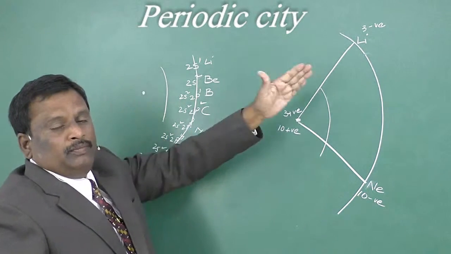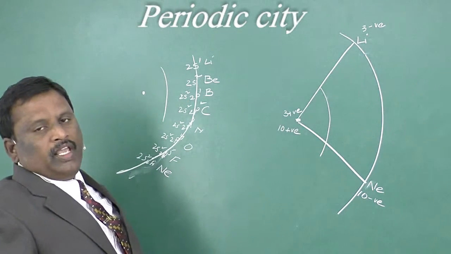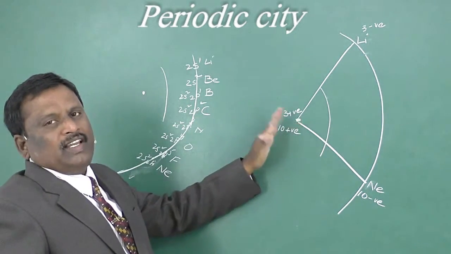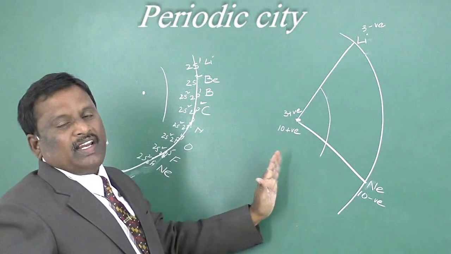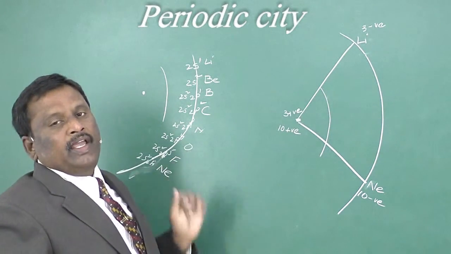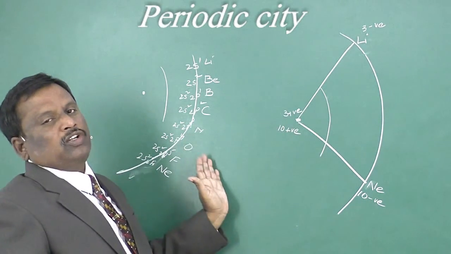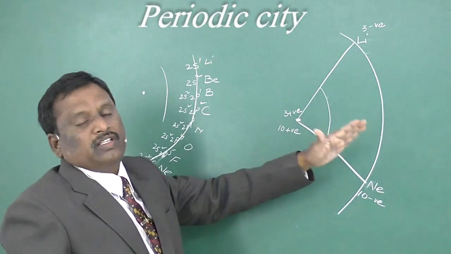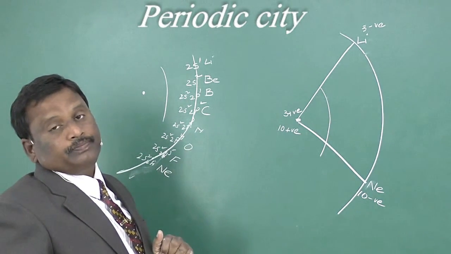So in lithium, 3 positive charges are attracting 3 negative charges. In beryllium, 4 positive charges are attracting 4 negative charges. In boron, 5 and 5. In carbon, 6 and 6. In nitrogen, 7 and 7. In oxygen, 8, fluorine, 9, and so on.